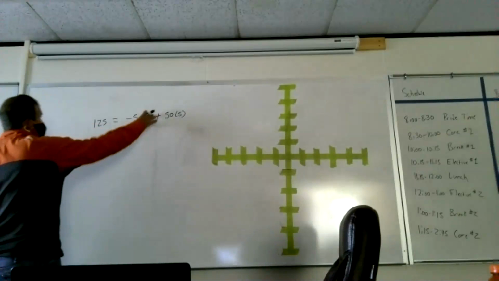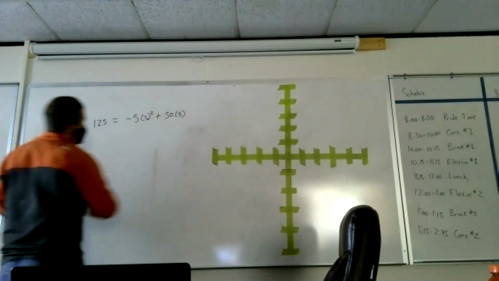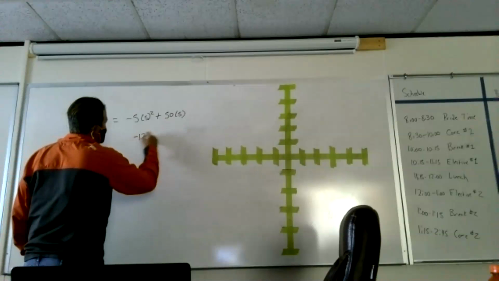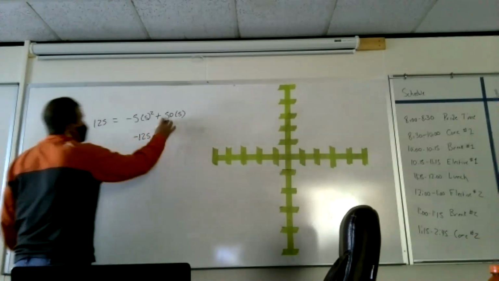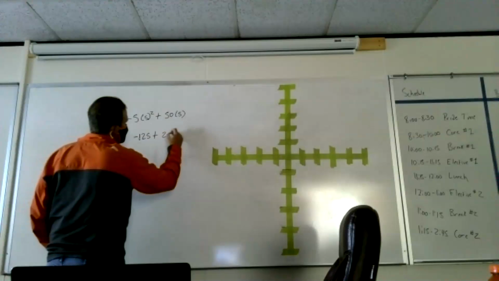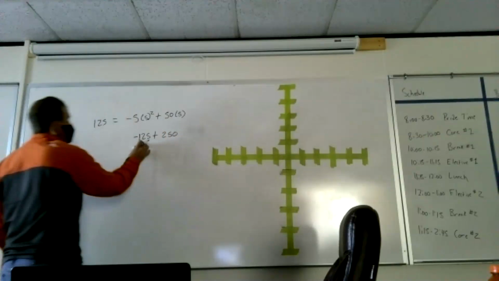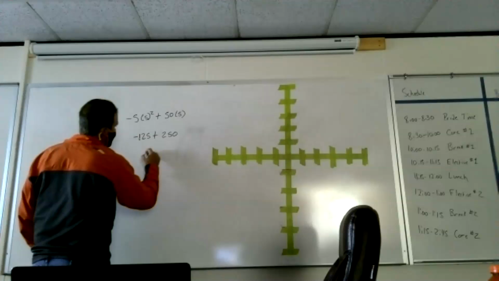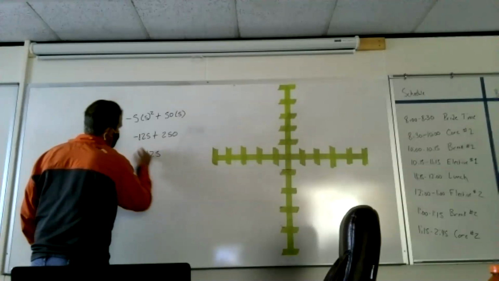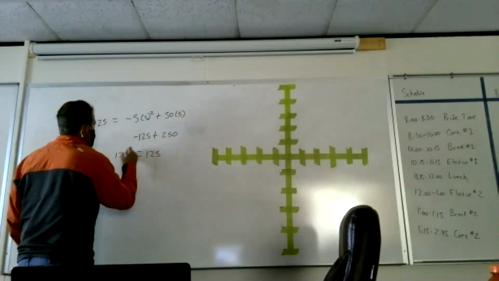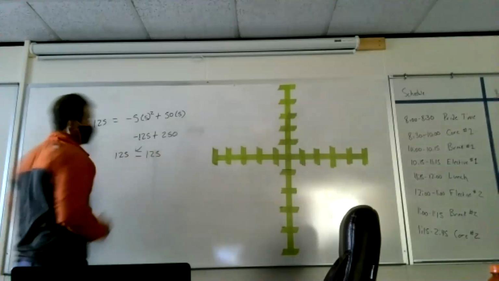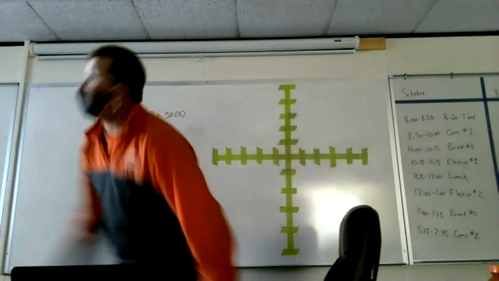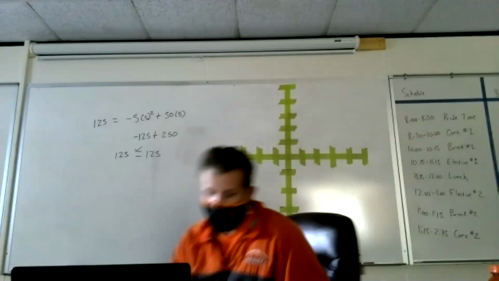So 5 squared is 25 times a negative 5 is a negative 125, plus 50 times 5, which is 250. Negative 125 plus 250 is equal to 125, which is where I want to be. So that is an estimation that happened to turn out to be exact.